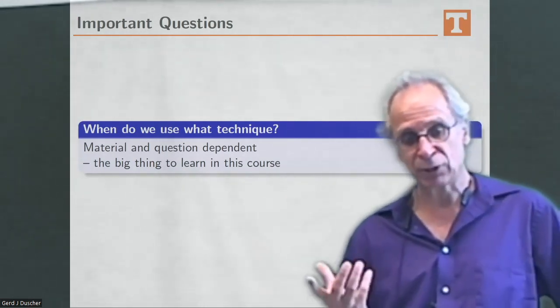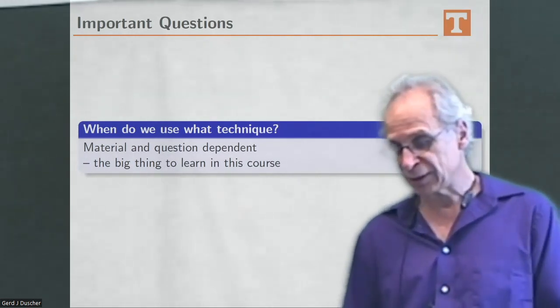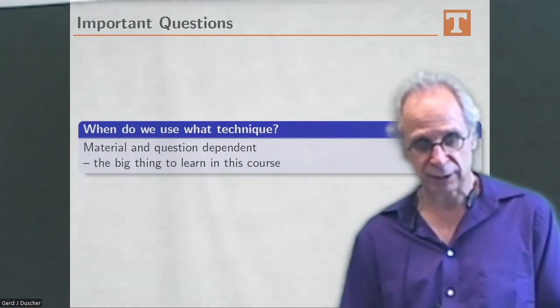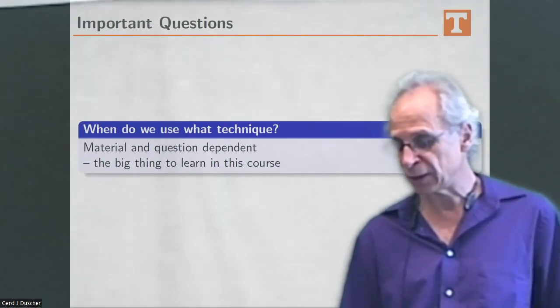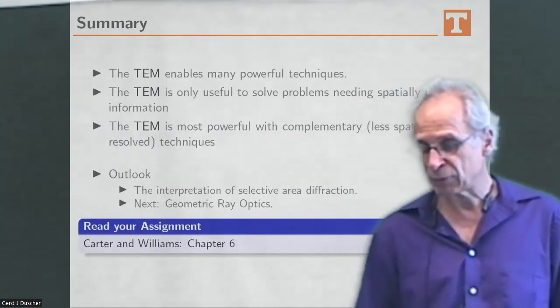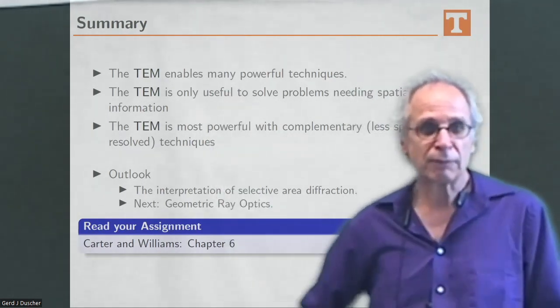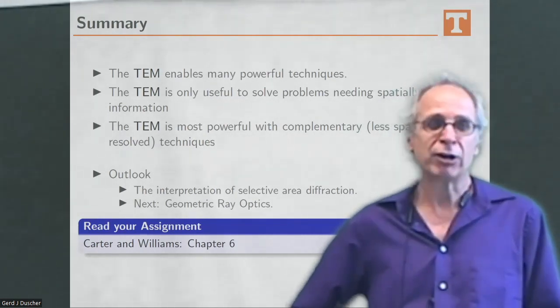How do you set up your experiment to get the right answers? And machine learning has a big part there, and we will hopefully get some advances on there. So we have a lot of techniques, all of them very powerful.